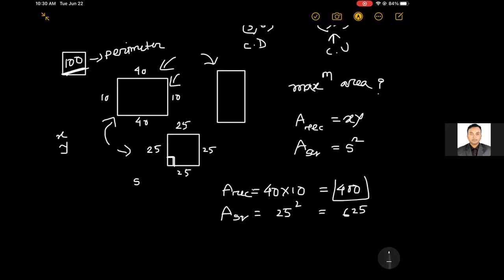Can you see, even though the perimeter was the same, it doesn't mean that the area of both of these has to be the same. It could be different. So if you're wondering why they are asking, of all the rectangles with a perimeter 100, which one has the maximum area, and how it can be different, here is your example. It can be different. Do you agree?